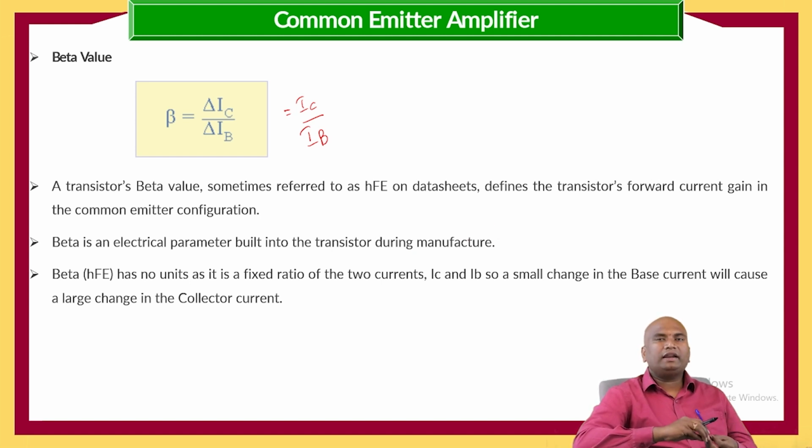So this is the electrical parameter, because output current by input current should be matched with the transistor's performance. So based on the input, the transistor has to turn on. This value will be given by the manufacturer, who takes this value into consideration while building the transistors.